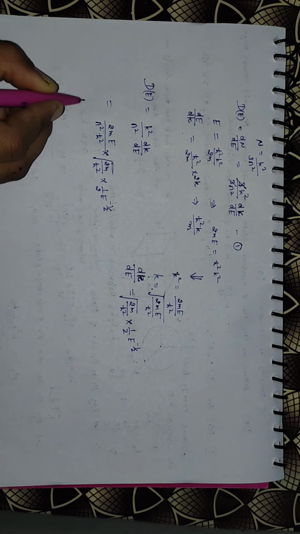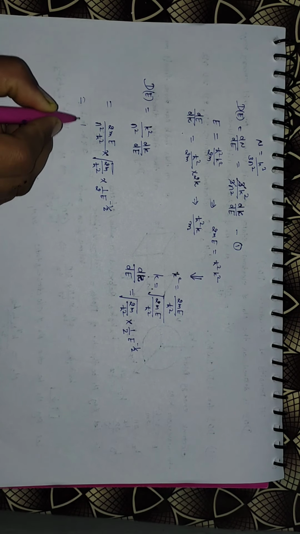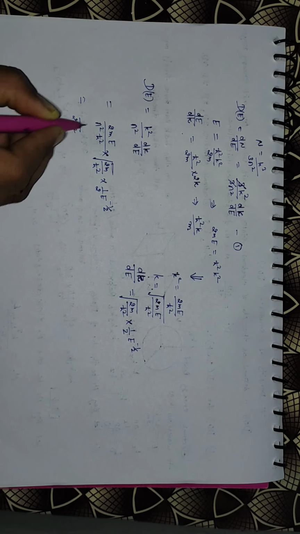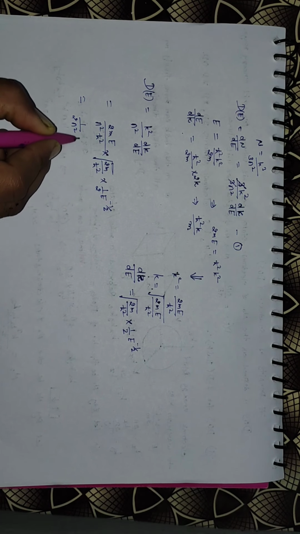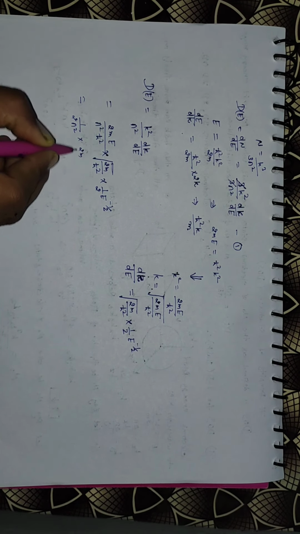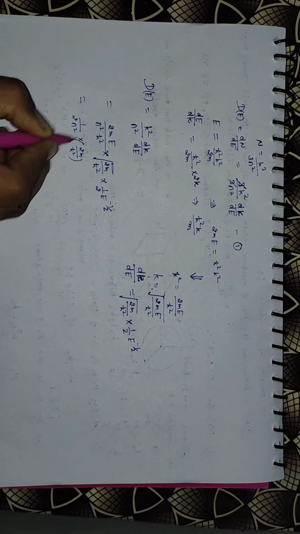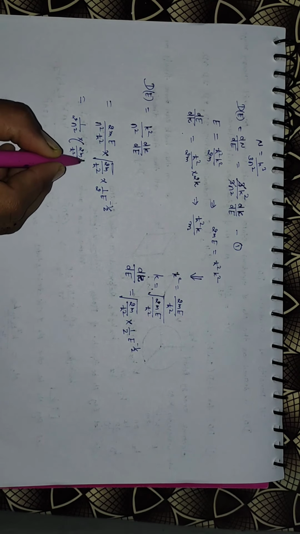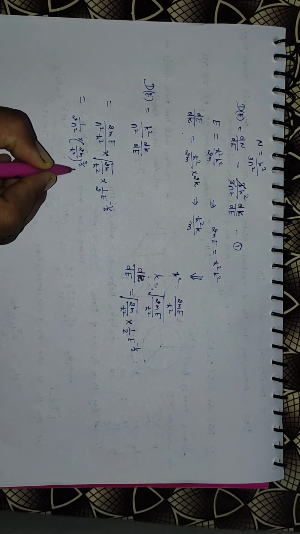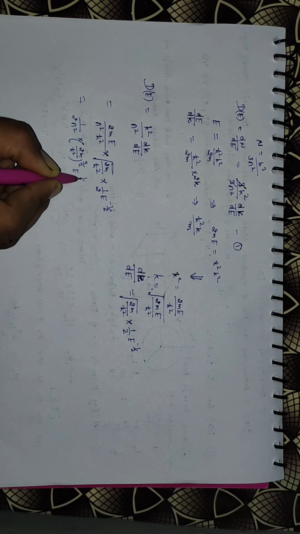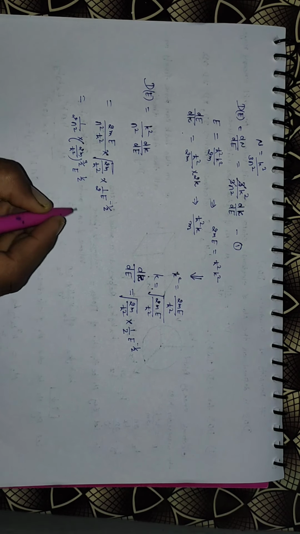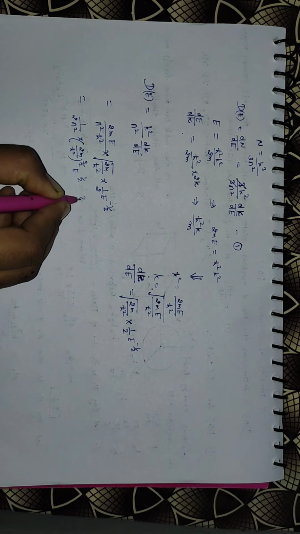Solving this, we get 1 over 2 pi square times 2m over h cut square to the power 3/2 times E to the power half.